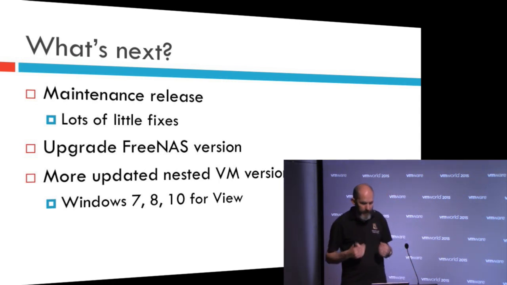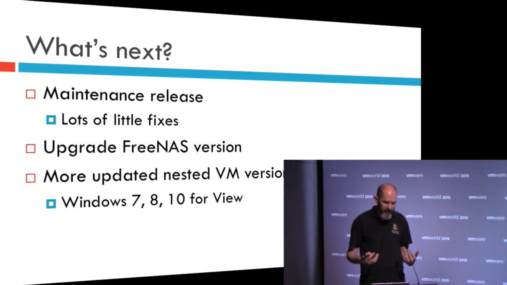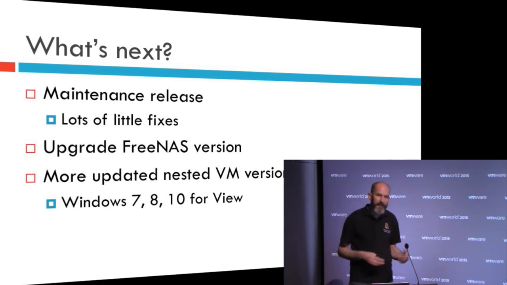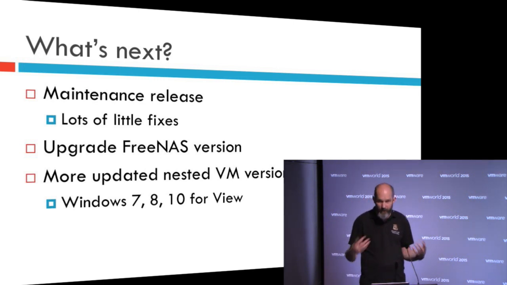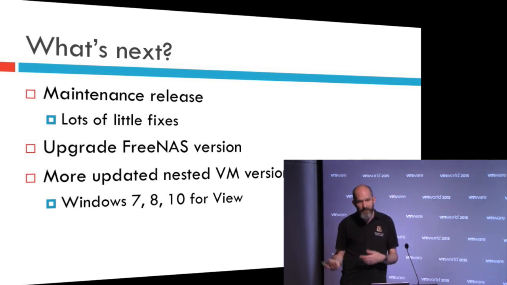If you've had problems with VMs hanging inside of AutoLab, the nested virtual machines, it's often because the FreeNAS build that's in there is flaky, so I need to update to a newer one. I also need to update some of the nested virtual machines, particularly the desktop virtual machines that we use with View. So there's support for building a View environment with AutoLab as well. I need to bring those to more recent versions as well.